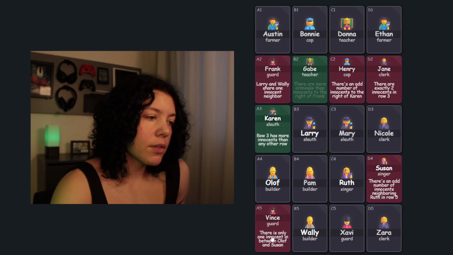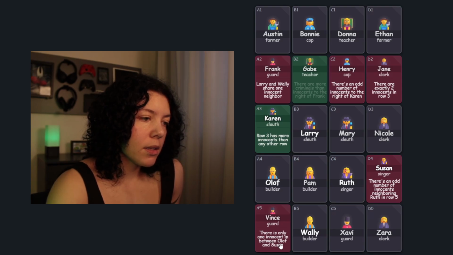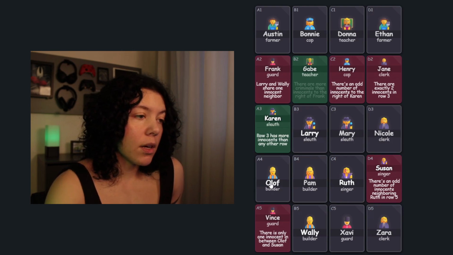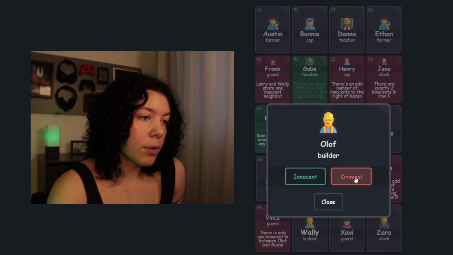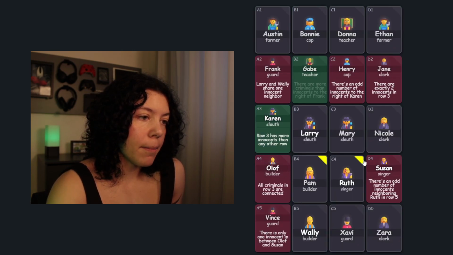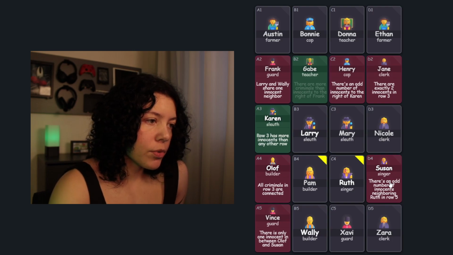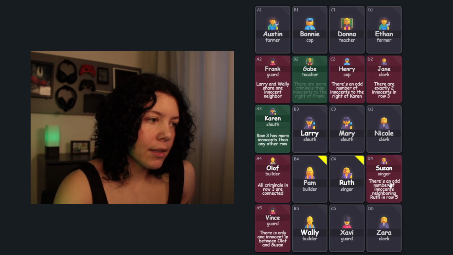Vance tells us there is only 1 innocent in between Olaf and Susan. So same logic again, that tells us that Olaf is a criminal, and either Pam or Ruth is the single innocent in this row. Now Olaf tells us that all criminals in row 3 are connected.